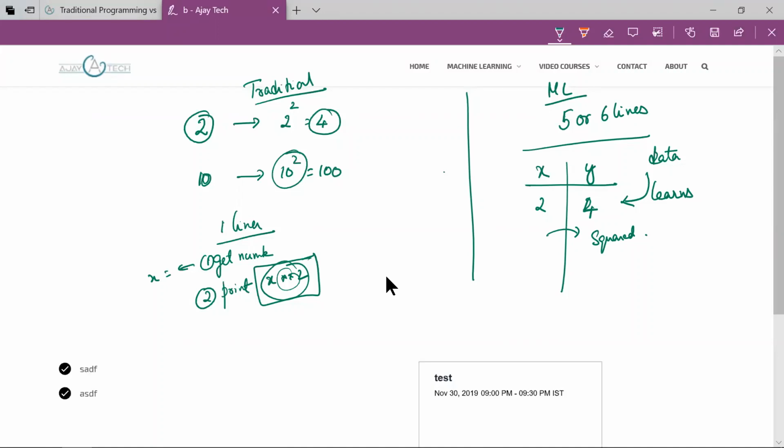Now, with squaring, it's easy because we know squaring is easily implemented in programming. But when we look at the housing example, this is the number of rooms, this is the price, and we've seen the data something like this. For each room count, there is 1 room, 2 rooms, 3 rooms, 4 rooms, 5 rooms, 6 rooms. For 3 rooms, this is the price. For 4 rooms, this is the price.